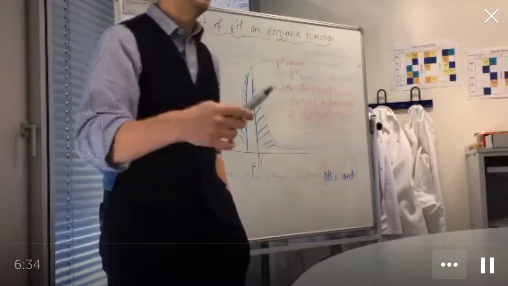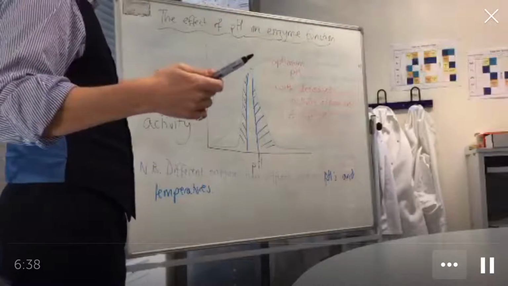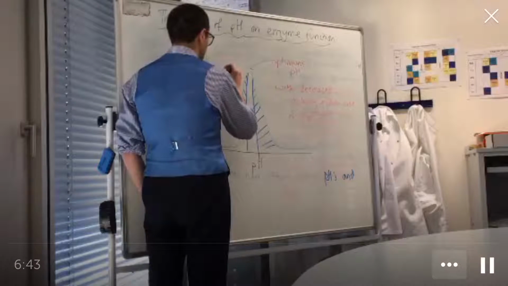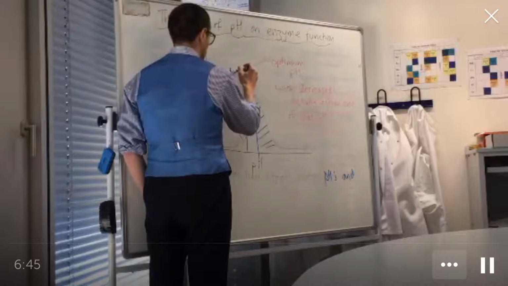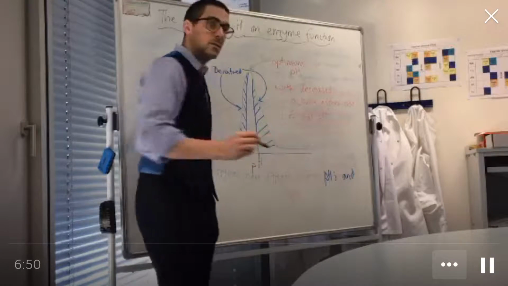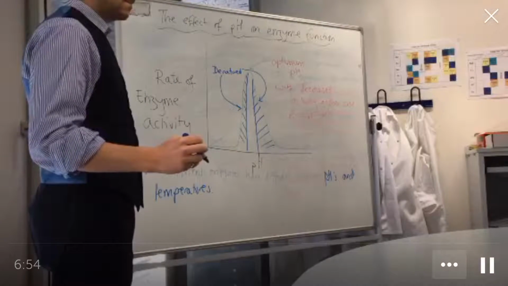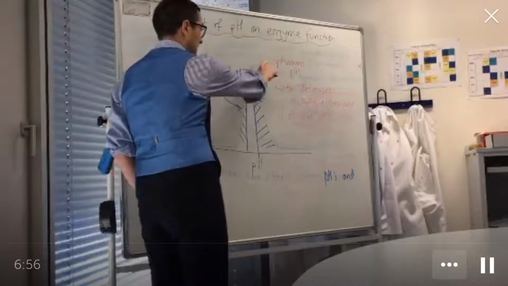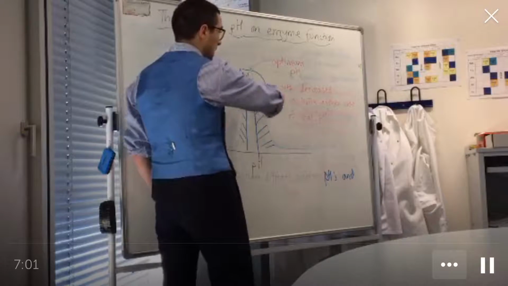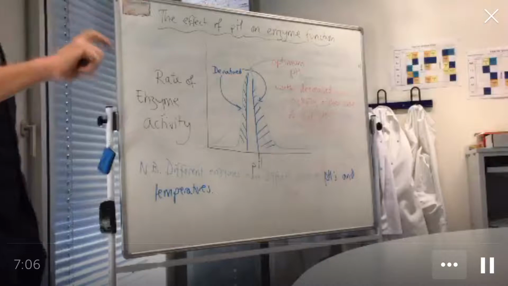But what's actually happening to the enzyme means that it's no longer functioning. It's to do with the chemistry. Okay, so here the enzyme is denatured. The enzyme becomes denatured here and here, so not at the top. At the optimum the enzyme works perfectly normally, but either side of that optimum the enzyme becomes denatured.